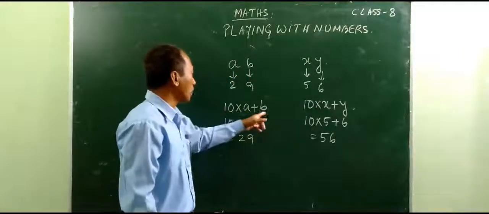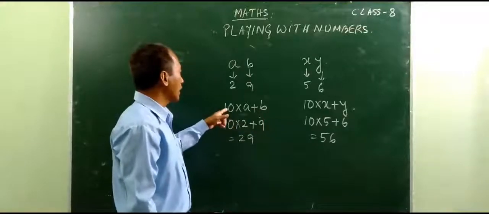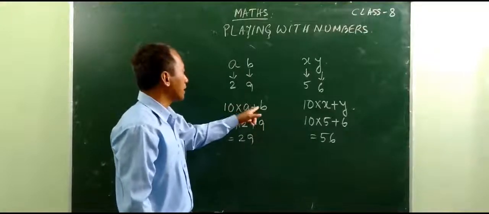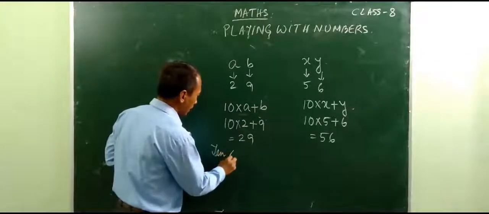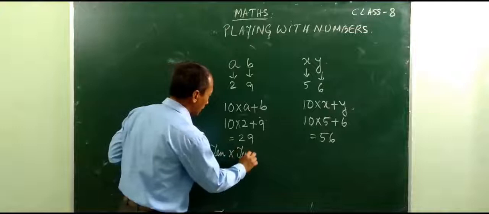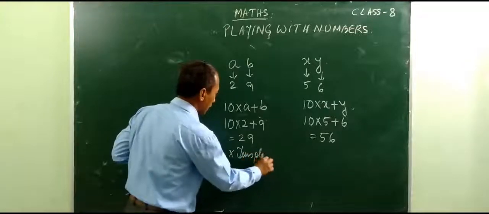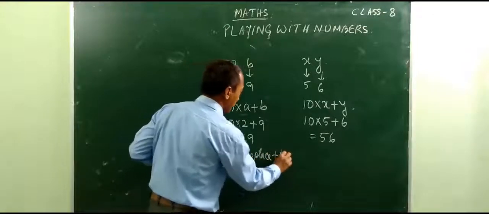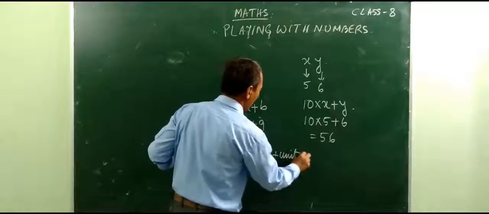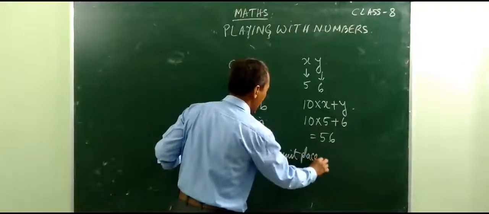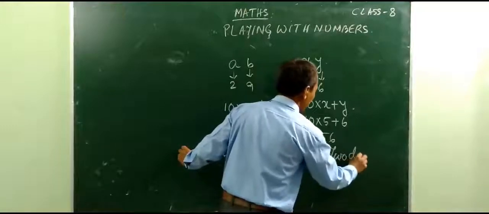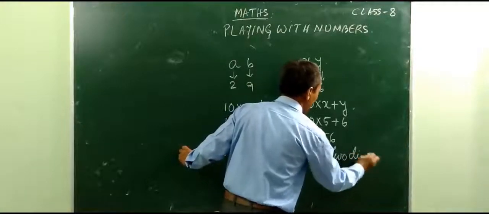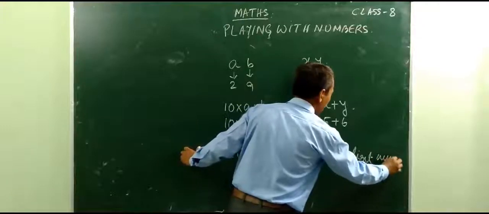How do we get this AB and XY? 10 into tens place plus unit place equals the 2-digit number.